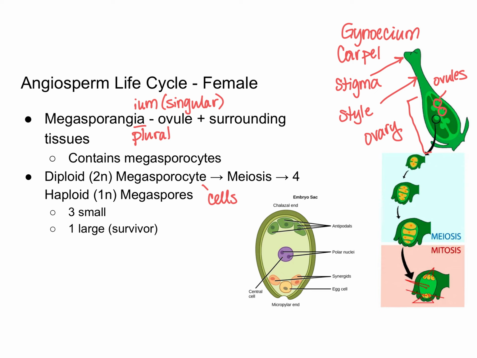So the megasporocytes are located in these ovules here. And then you can see on the diagram that they are going through this process of meiosis to form 4 haploid megaspores. You can see those 4 megaspores in this picture here.